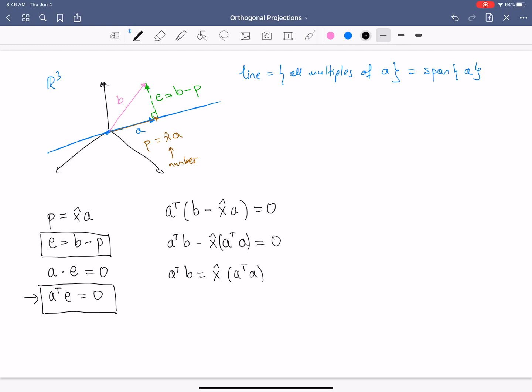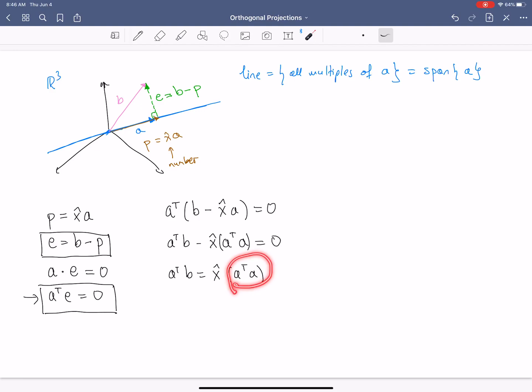And from here, I divide by A transpose A on both sides, which I can always do because, remember, if A is not 0, A transpose A is a positive number. Of course, if I take the 0 vector, it doesn't make sense to project onto it, so I'm assuming that A is not 0.